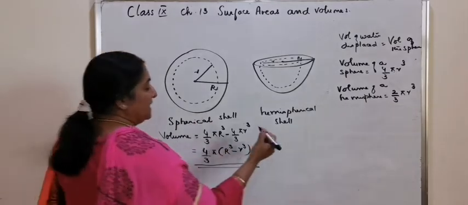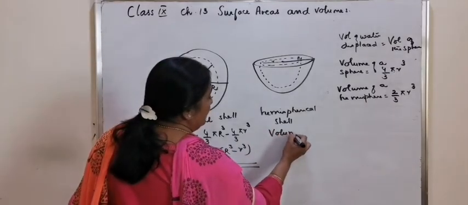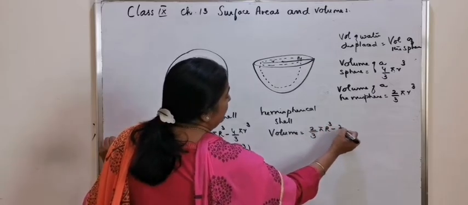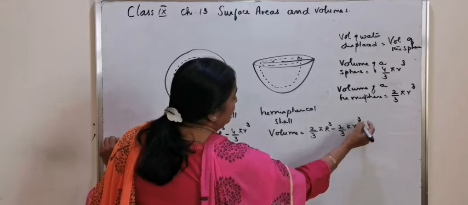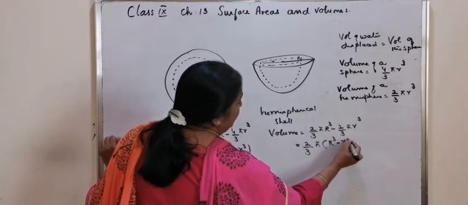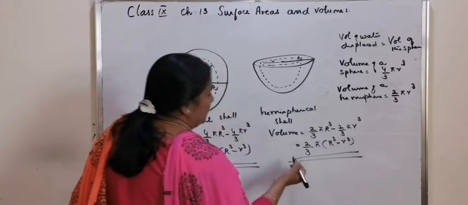Similarly, for a hemispherical shell, the volume is 2 by 3 pi capital R cubed minus 2 by 3 pi small r cubed, or 2 by 3 pi times capital R cubed minus small r cubed.